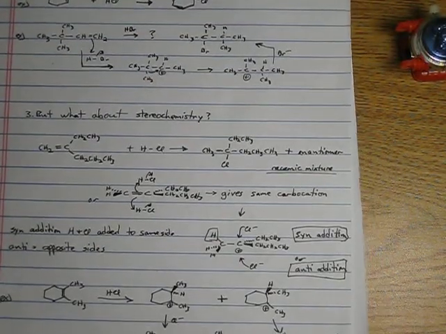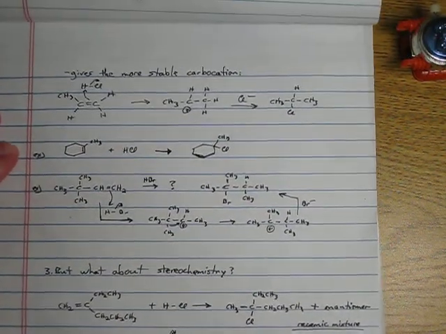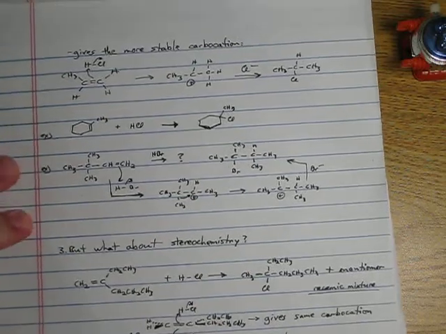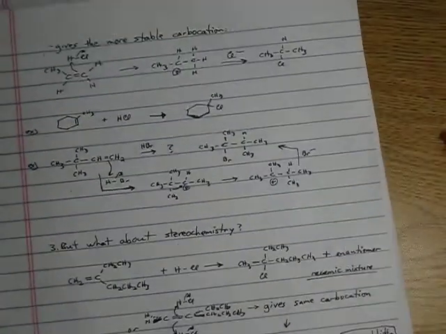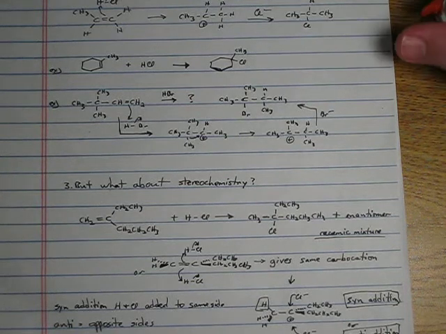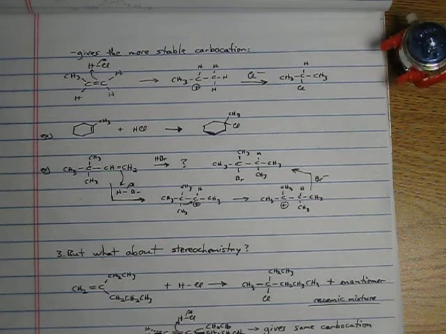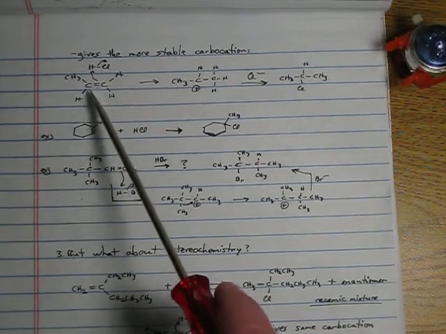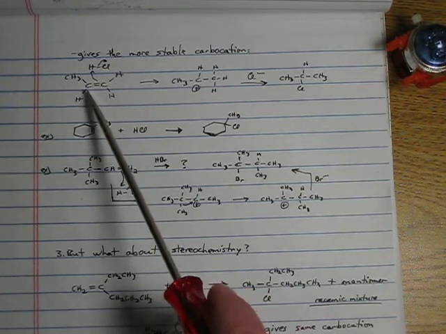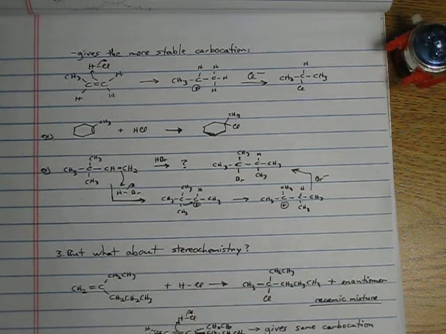So let's look right here. Here we have CH3CHCH2. Note, methyl on this carbon, just 2 hydrogens on the other carbon of the alkene.